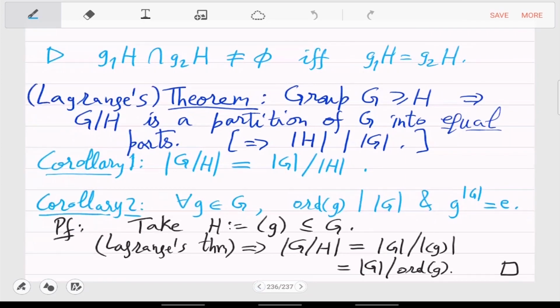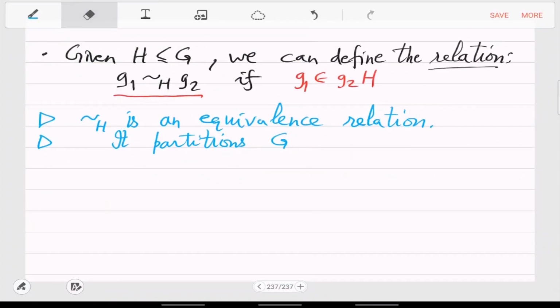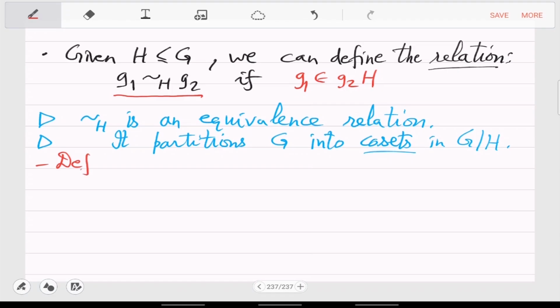Actually, we did not call it coset. Maybe this is the time to define that. Into the cosets. So coset is now defined in two ways, and algebraically you just write it as gH is called a coset.